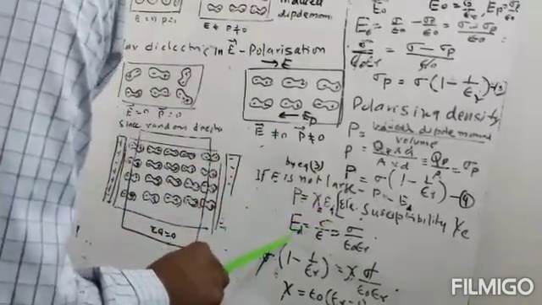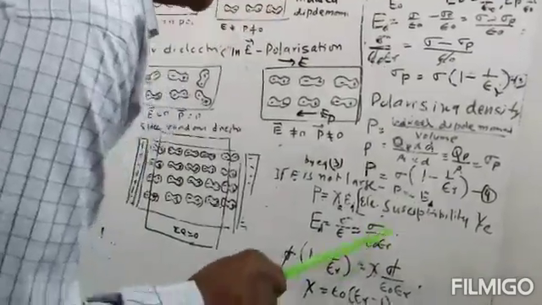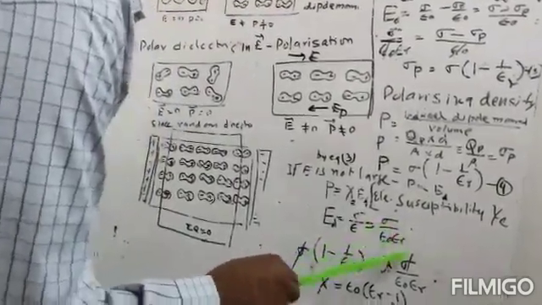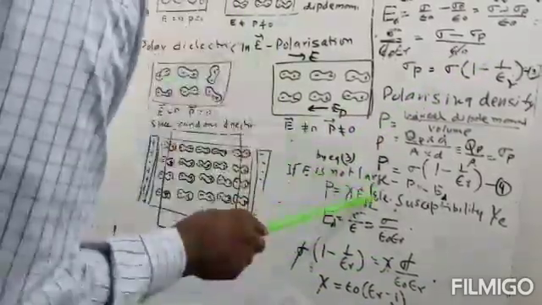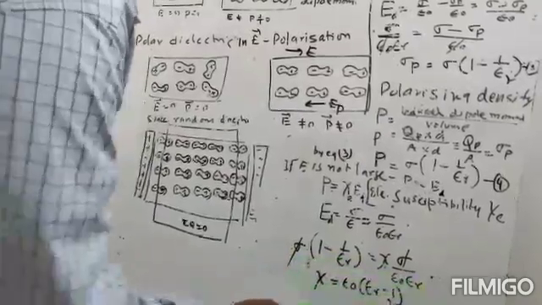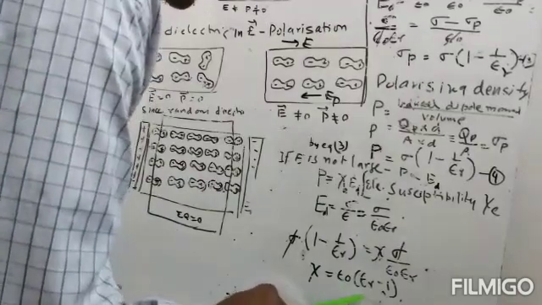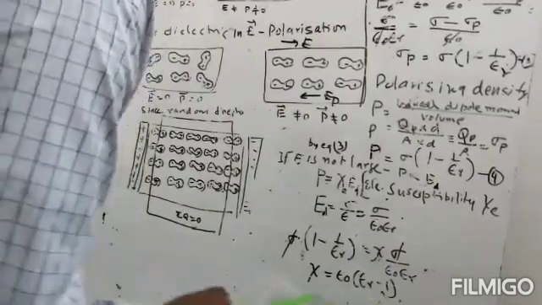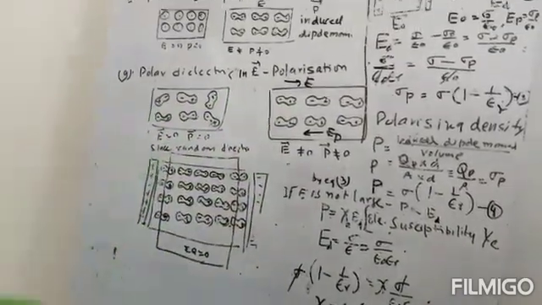So E will be equal to sigma by epsilon 0 epsilon r. Now we substitute the value of P from here and E from here, and we solve it, then we can find chi e is equal to epsilon 0 into epsilon r minus 1. This result is very important from the examination point of view also.